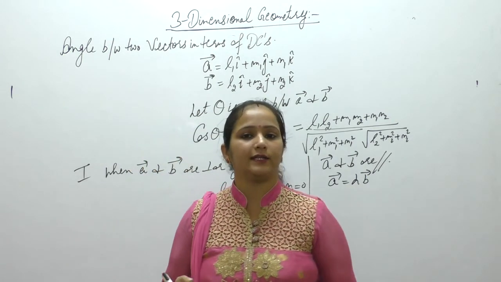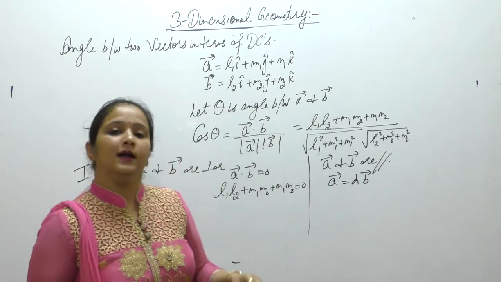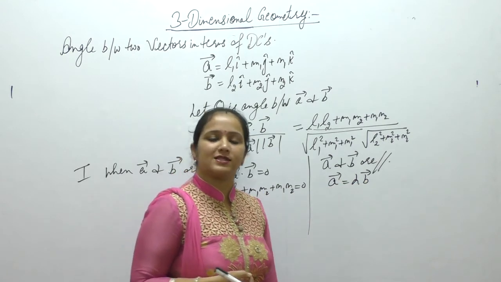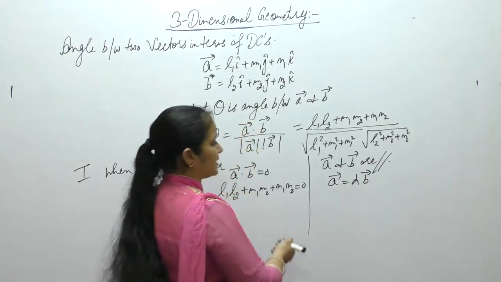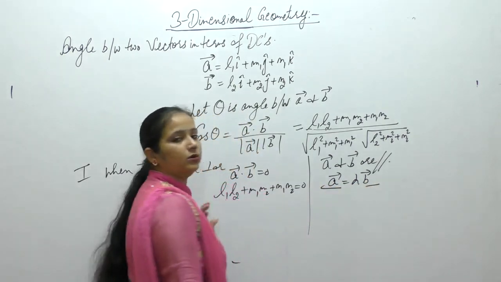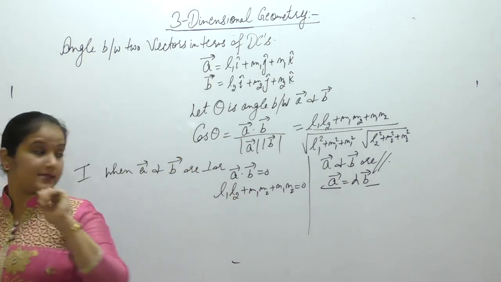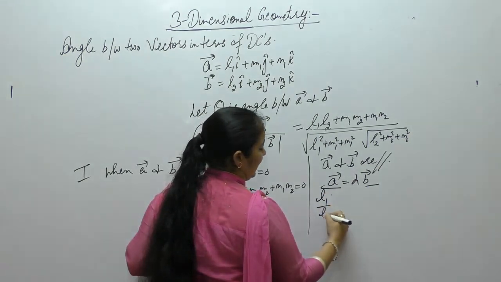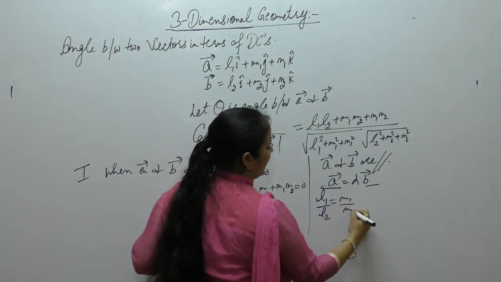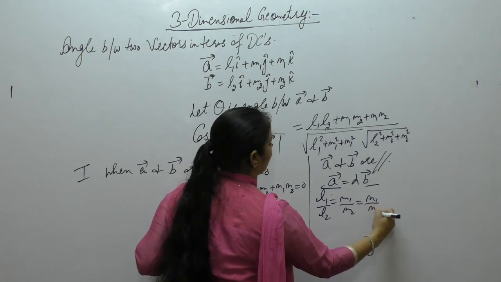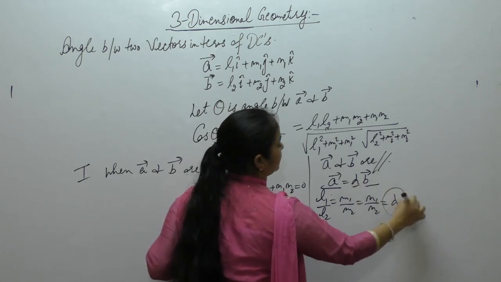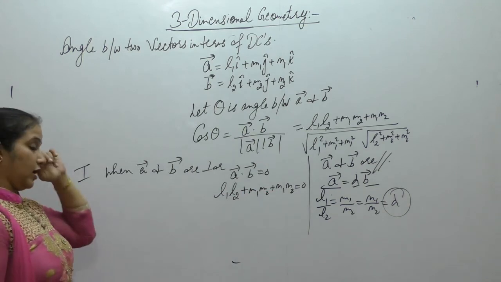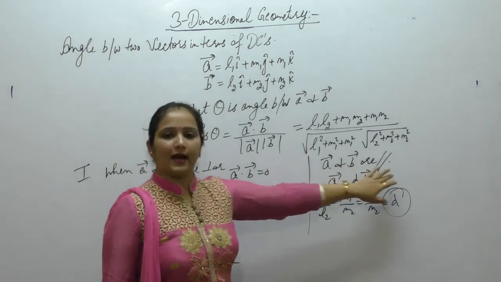If we take anything common from the other vector and the rest is the same in both cases, then we say these vectors are parallel. So L1 upon L2 is equal to M1 upon M2 is equal to N1 upon N2, equal to any constant, say lambda. This is the condition for the vectors to be parallel.